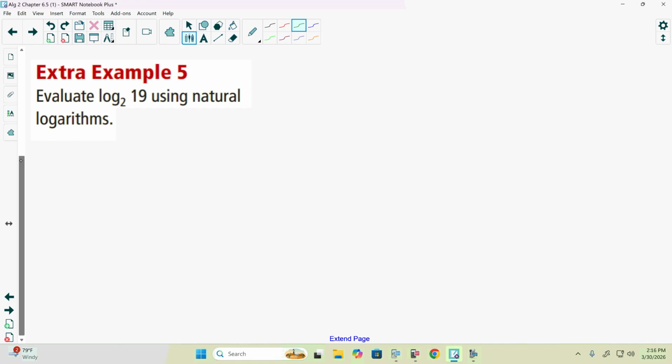Evaluate log base 2 of 19. Well, this is the same as log of 19 over log of 2.